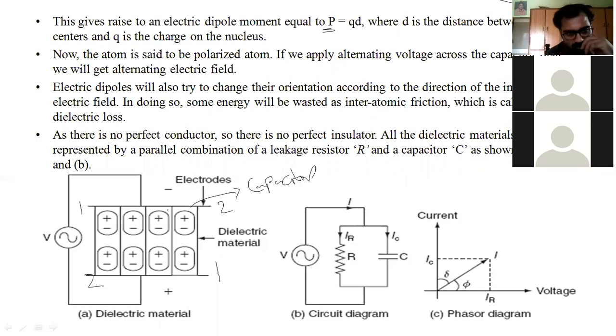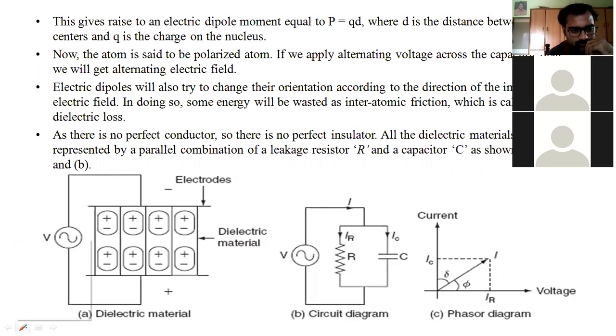So please check this figure, dielectric material figure A. Whenever a supply is passed to these two plates, for our consideration I am going to consider this as the first plate.